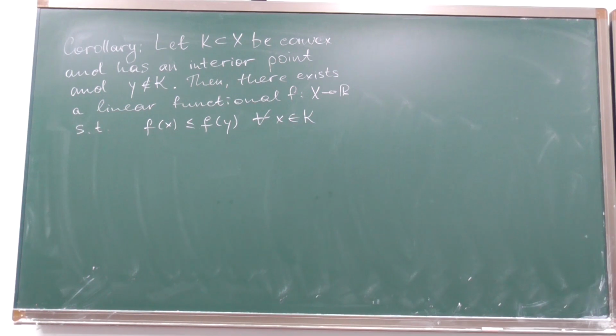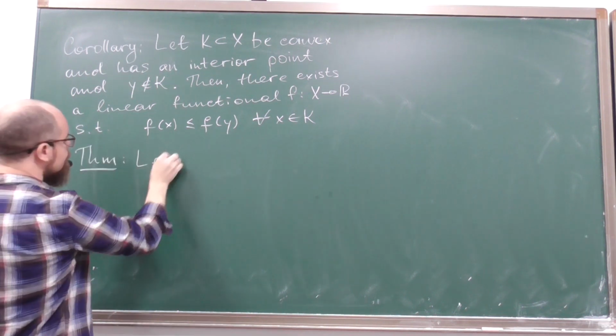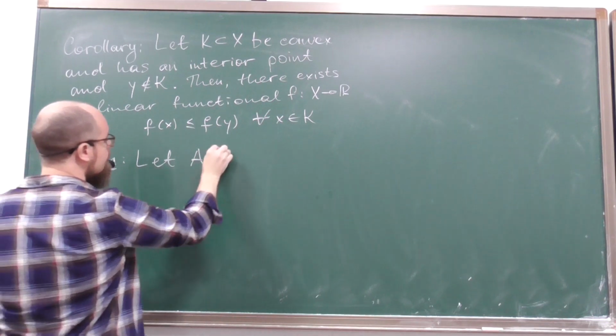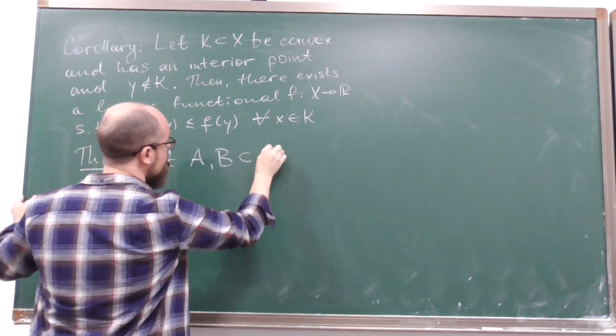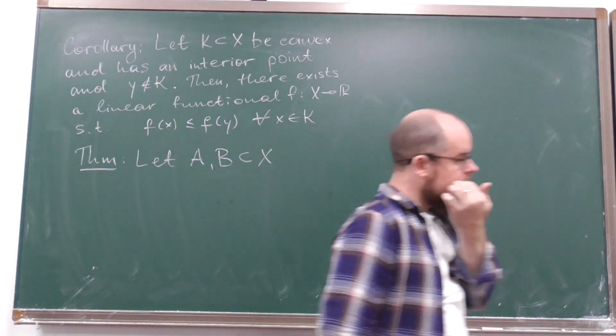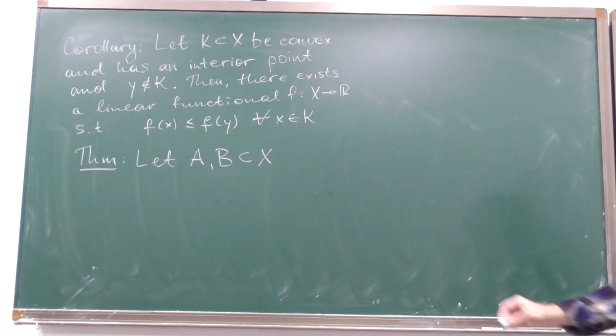Let me now state one more separation theorem. In the first separation theorem, we separated a point and a set. In the second version of it, we will separate two sets. So let A and B be two sets from our linear space.